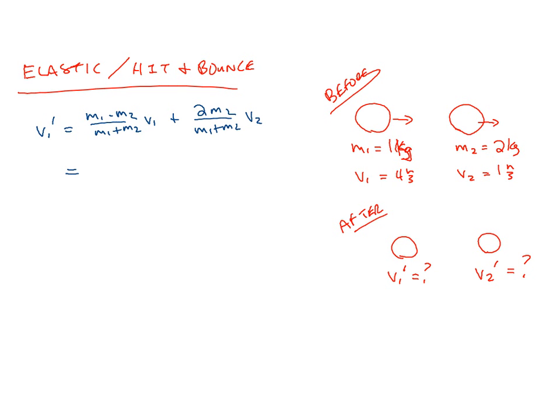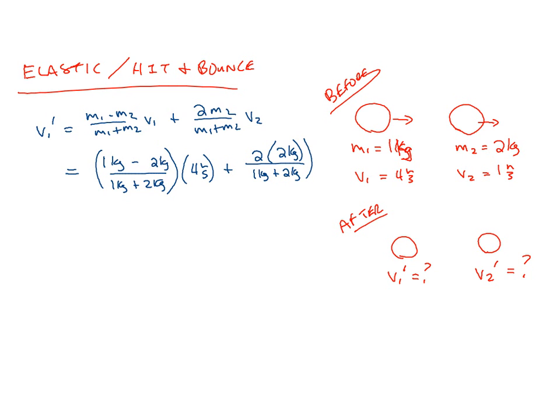Putting the numbers in here, I've got 1 kilogram minus 2 kilograms over 1 kilogram plus 2 kilograms. I need to multiply that times V1, which is 4 meters per second. Here's my addition sign. The second term is coming up. Mass 2 was 2 kilograms. I divide by the sum of the masses again. And V2 right here was 1 meter per second.